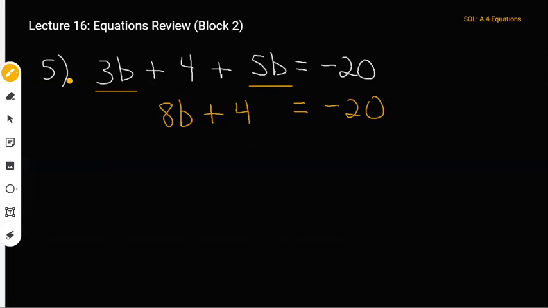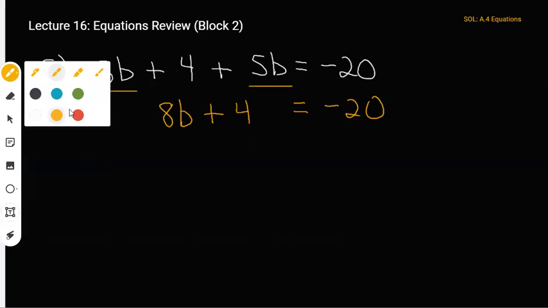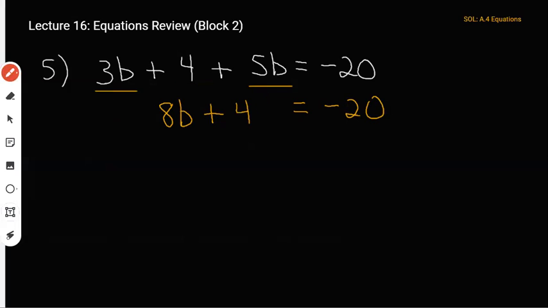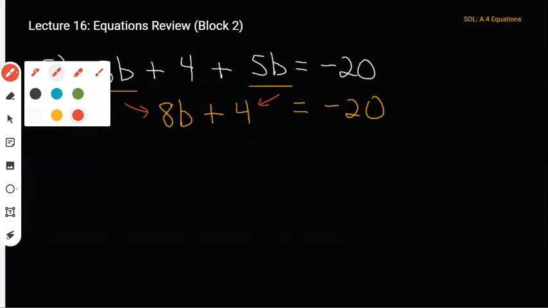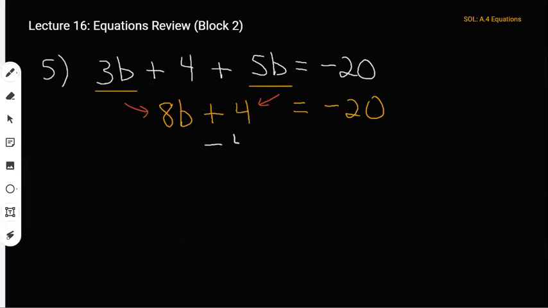Now to get the variable b by itself, I'm going to have to get rid of two things. I need to get rid of the plus 4, but I also need to get rid of the 8. Let's get rid of the plus 4 first. I would subtract 4 from both sides. That'll get rid of the plus 4.